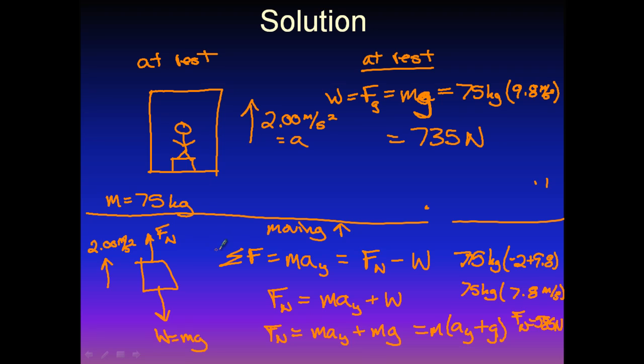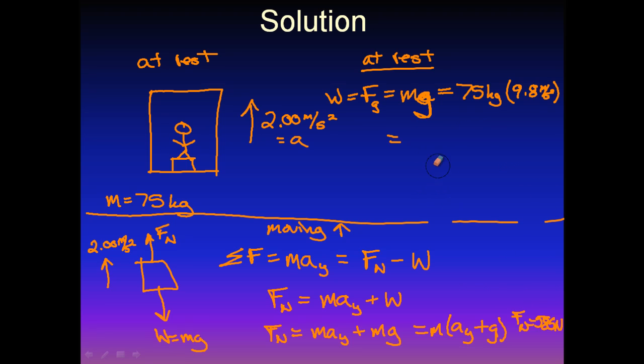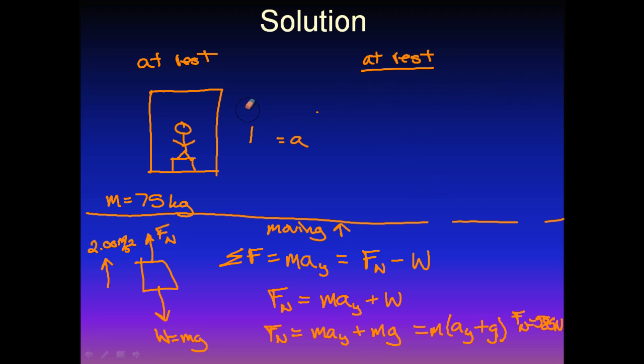Now, what happens if the cable snaps and you start to fall? Oh no, everybody's falling. If the elevator is falling, you all have the same acceleration, which is the acceleration due to gravity. Everybody's falling at 9.8 meters per second squared.